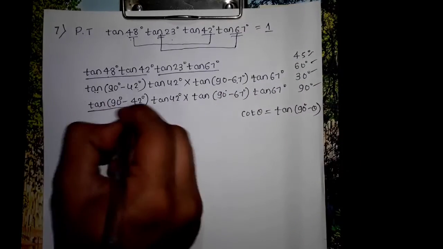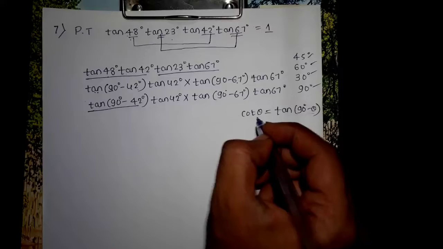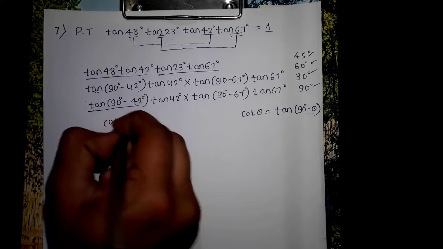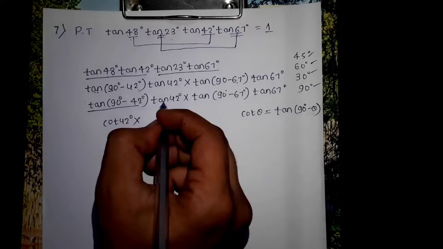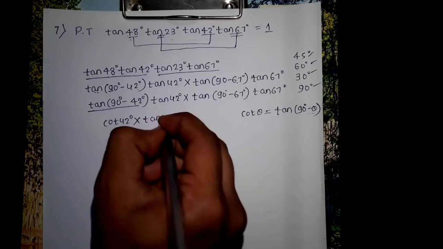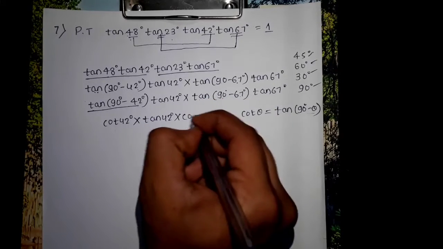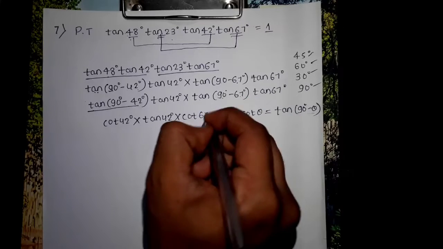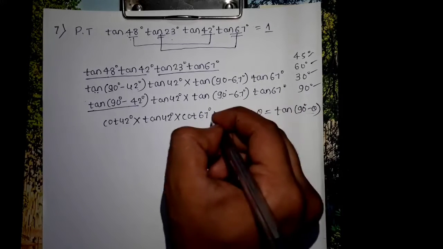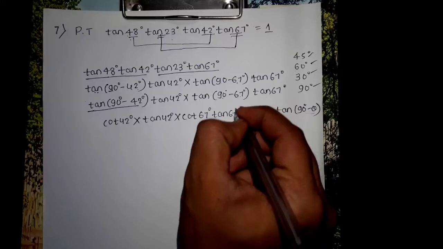See here, tan of 90 minus theta, what is it? Cot theta. It means cot 42 degree into, as it is, tan 42 degree into tan 90 minus theta is cot theta, that is cot 67 degree, again tan 67 as it is.